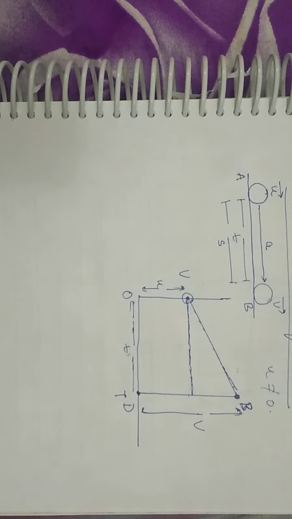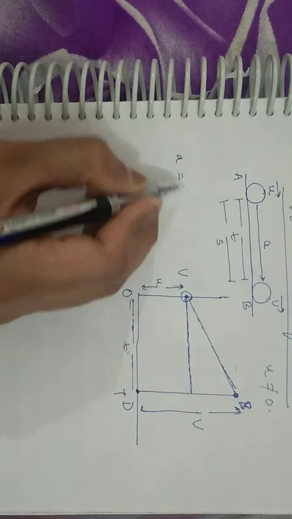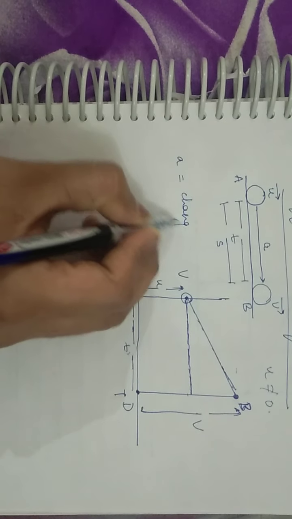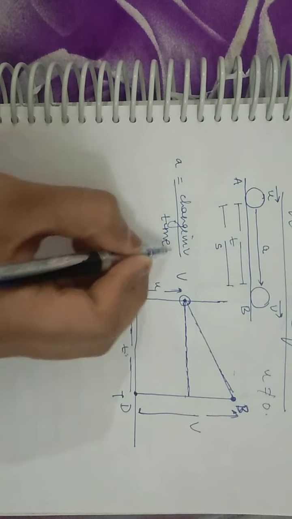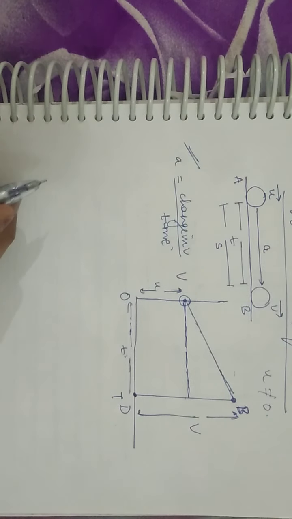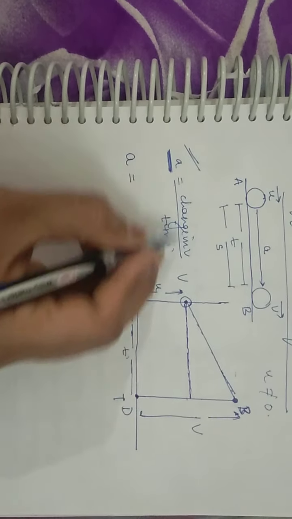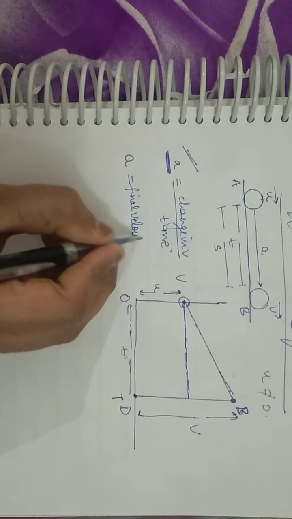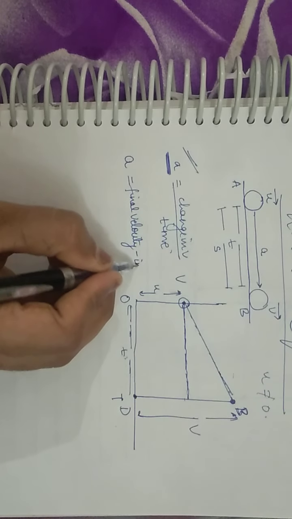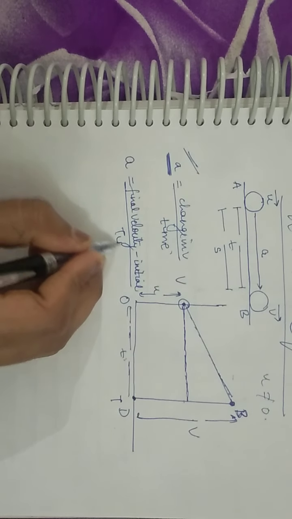So we know that velocity divided by time gives acceleration. Now with the help of this definition, that is a is equal to change in velocity upon time, we can easily get the first kinematical equation. Here the change in velocity is the final velocity minus initial, divided by time.